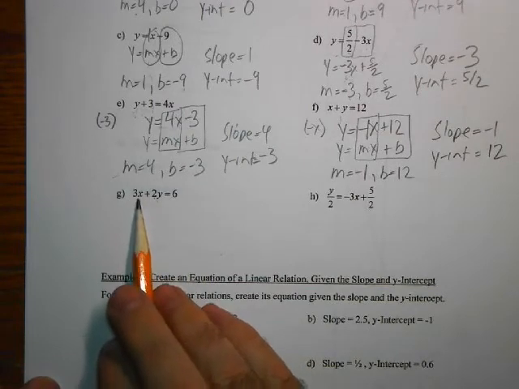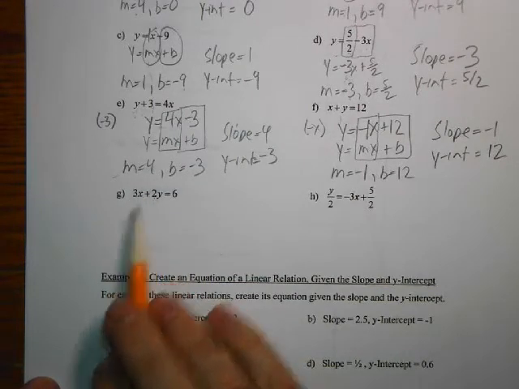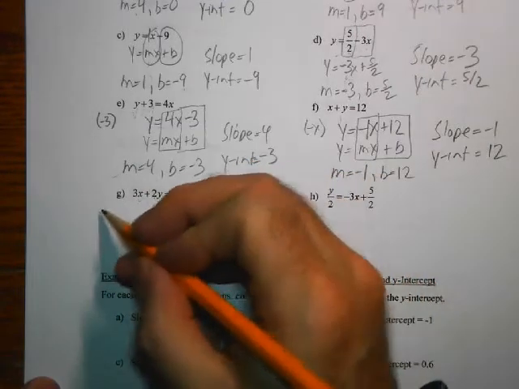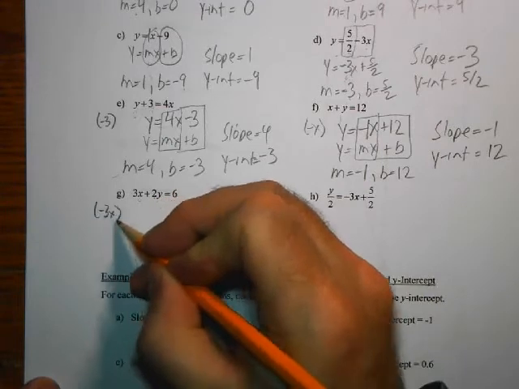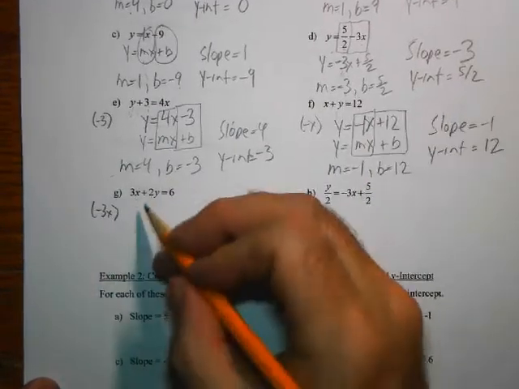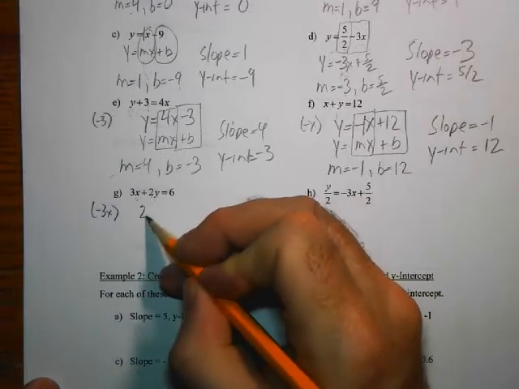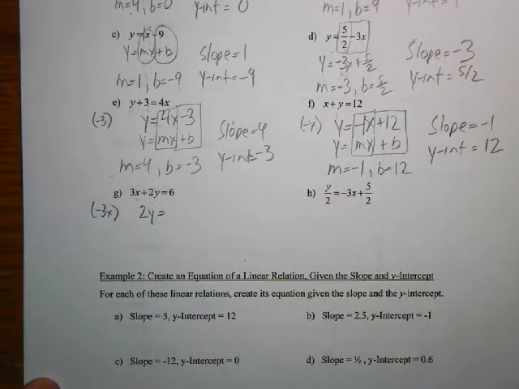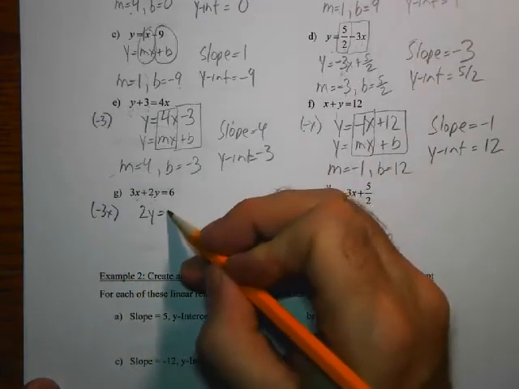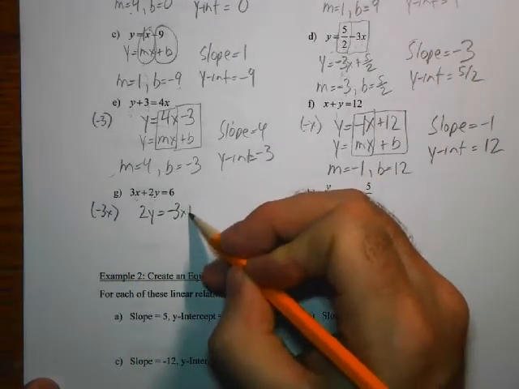Right now the 3x is being added, so I want to subtract 3x from both sides. 3x minus 3x is nothing, so I end up with 2y is equal to, and again I want to put my x term first, negative 3x and then plus 6.